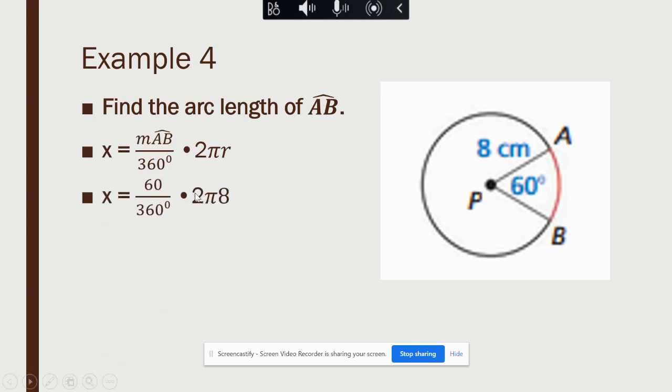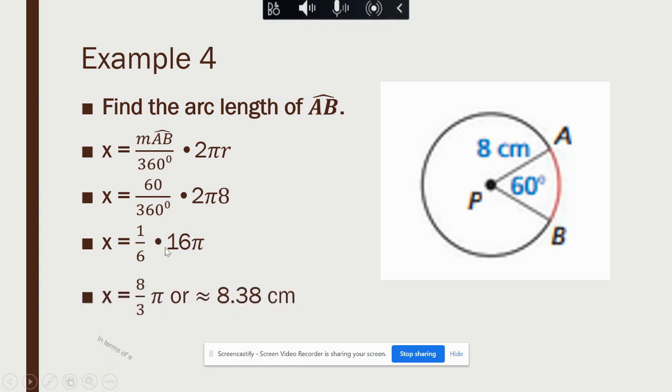Arc length is equal to 60 divided by 360 times 2 pi, radius is 8. So let's reduce our fraction. 60 divided by 360 is 1/6. We're multiplying 2 times 8 to get 16.